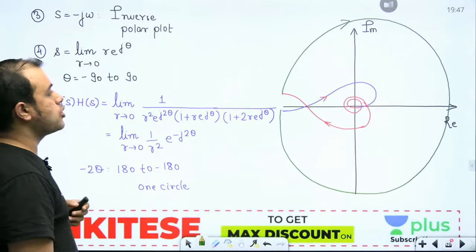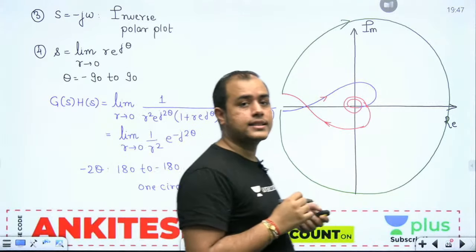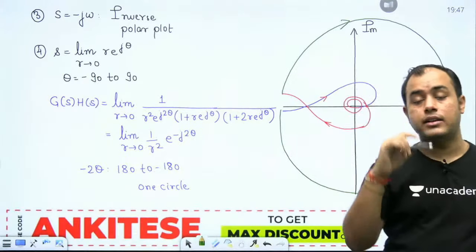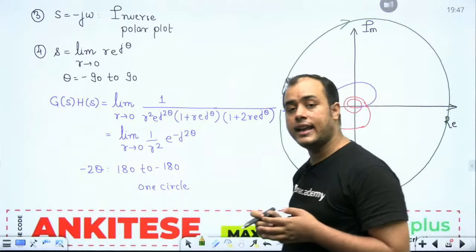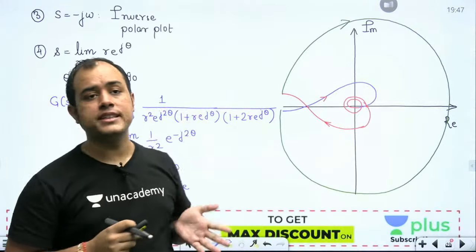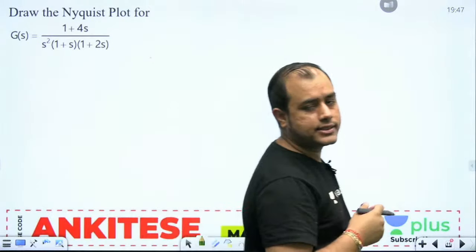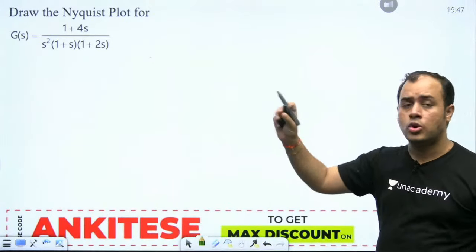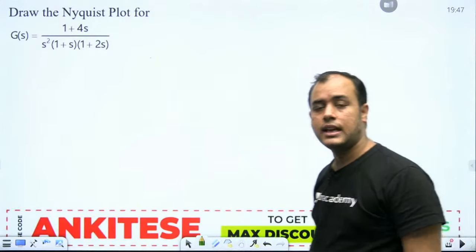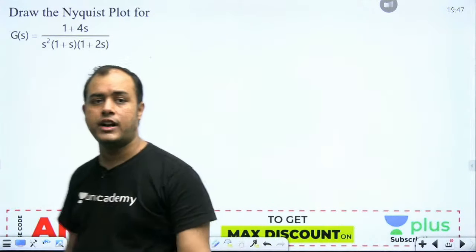Now, as you were asking me again and again, sir, what happens if zeros are added? Look, I have added the zero. Now try this. I have added zeros to the same function.